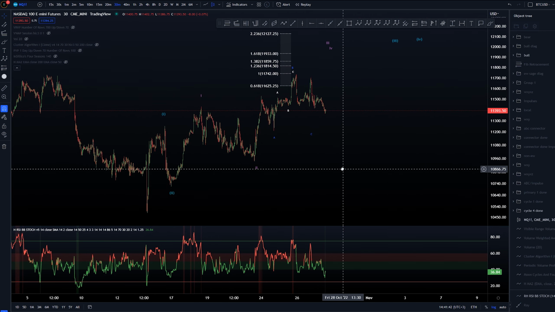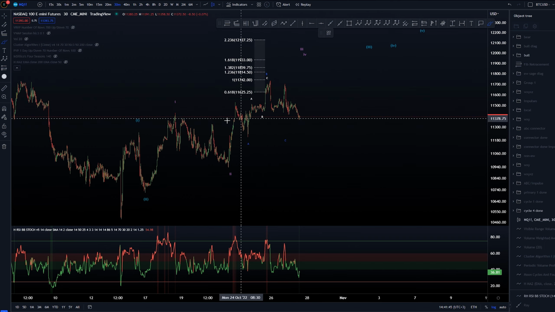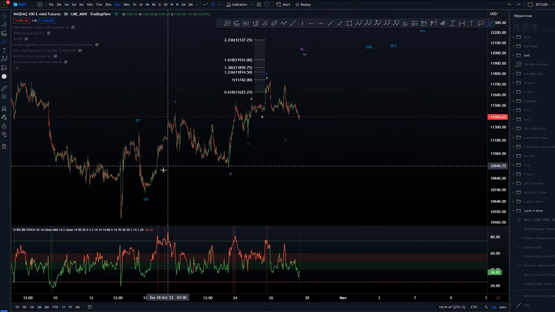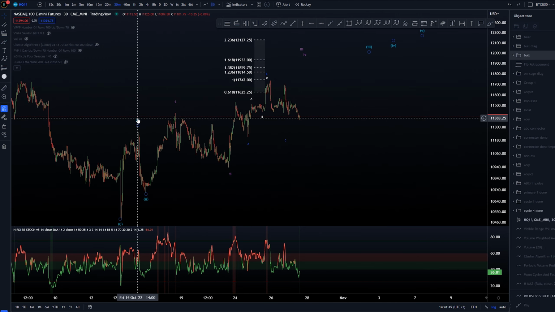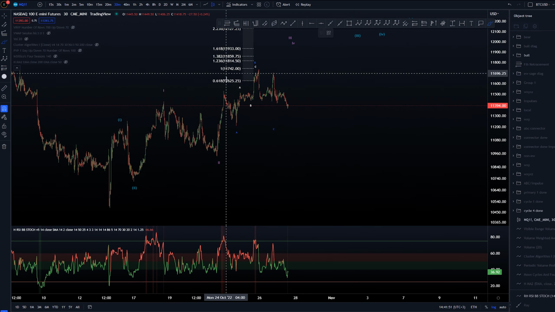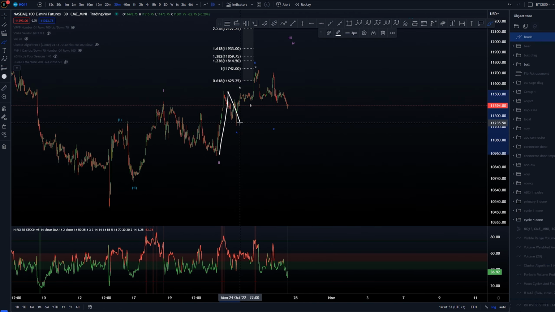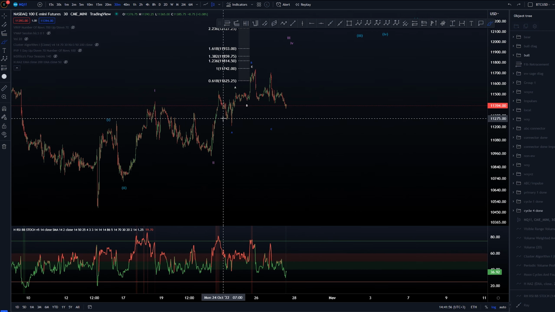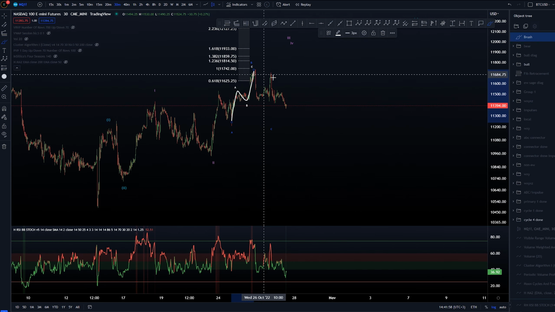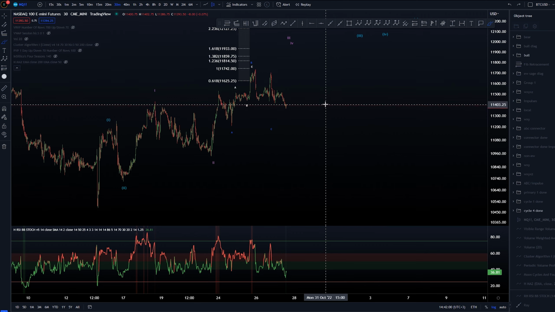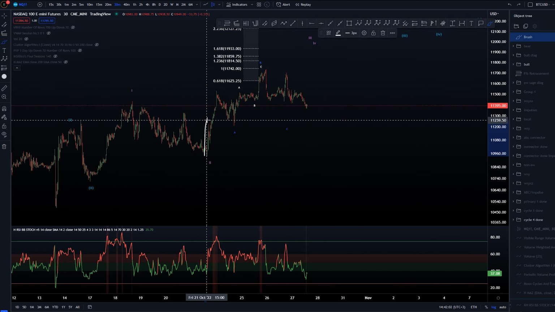Now, I've shown you this bull count as well before, in which we had a scenario with a 1-2, a 1-2, most likely something like that, and then possibly 1-2 here. However, that is not very likely, as this structure looks more like a three-way structure than anything else. Same as with this one.